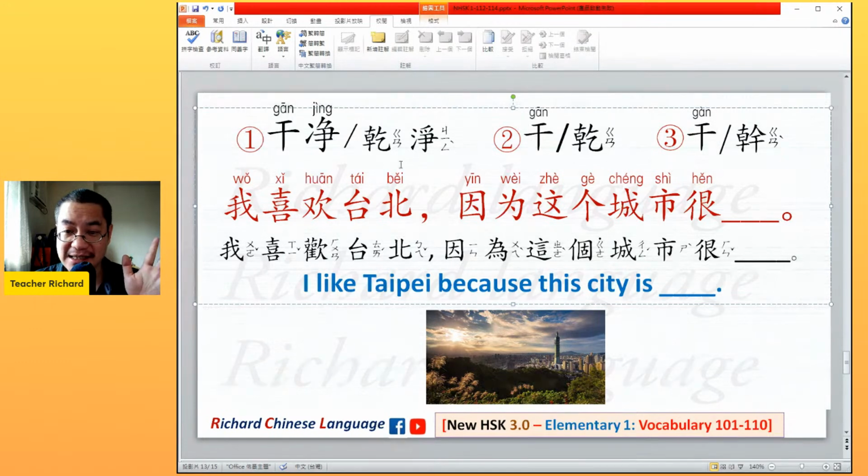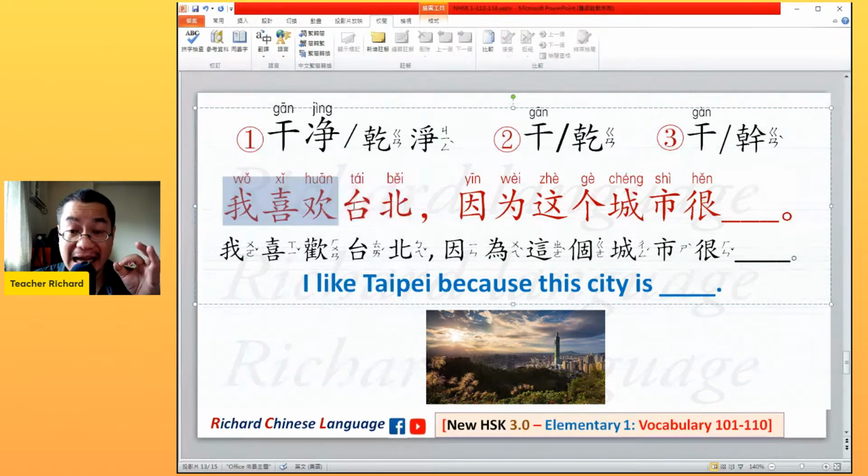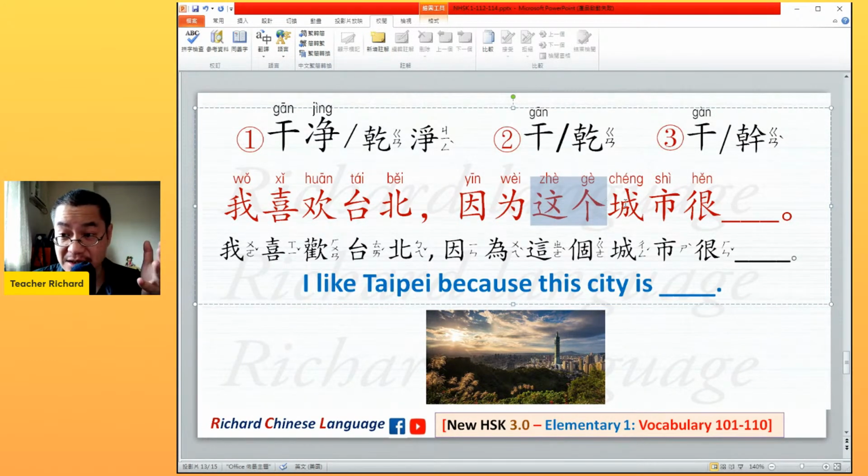The sentence is 我喜欢台北，因为这个城市很。I like Taipei. I live in Taipei. Teacher Richard lives in Taipei. 我喜欢台北，因为 because, 这个 this, 城市 means city.